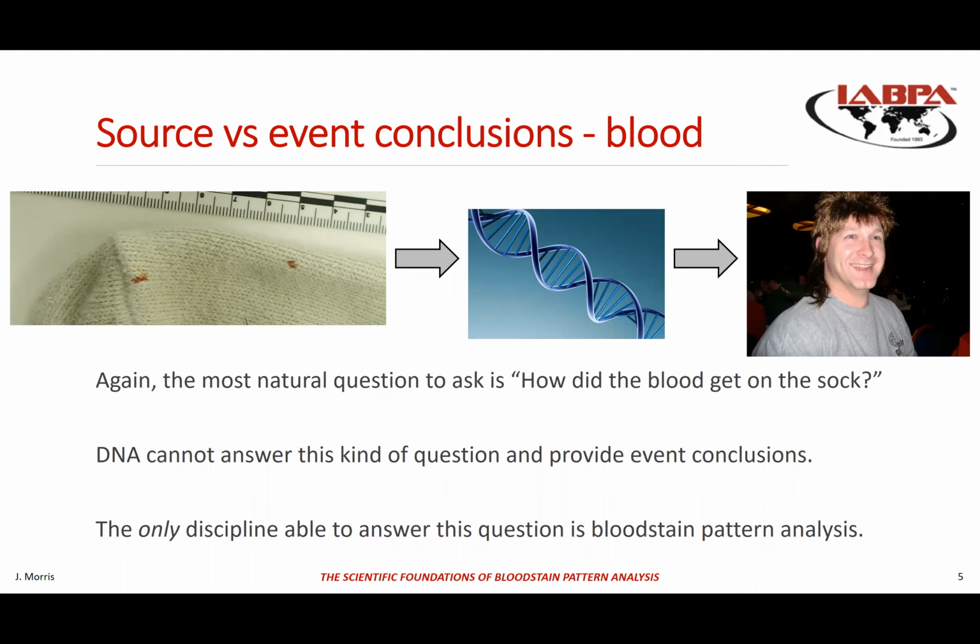And there are times where that question, how did the blood get there, is absolutely essential to the case. So to throw out bloodstain pattern analysis totally means you have no ability then to answer that very critical event conclusion question.